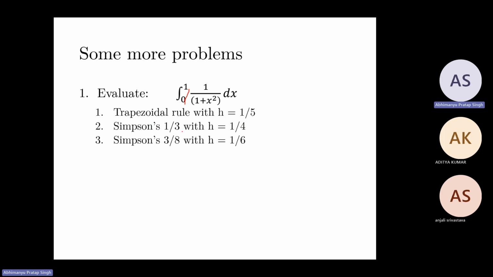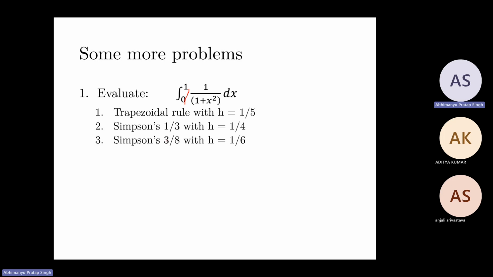But for Simpson's one-third rule, it's a plus h and a plus 2h, so there should be an even number of intervals. That is why we are using h as 0.25, so we will have four intervals, right?